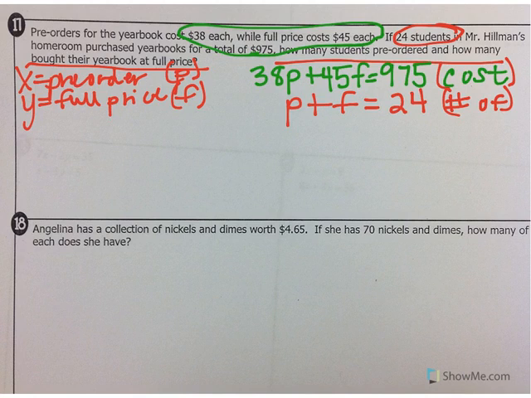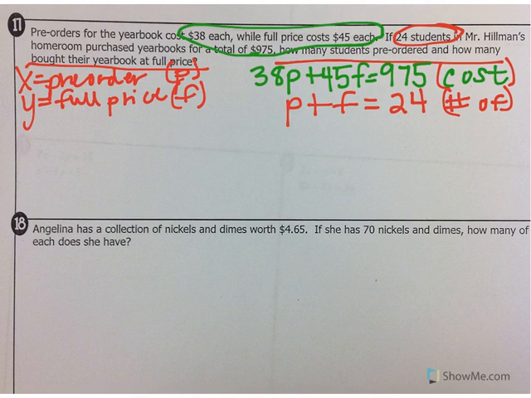And the best approach for this one, because you don't have any numbers for the second equation, I would use substitution. Because substitution is just about getting a variable by itself. And if I move P to the other side of 24, I can get F by itself and plug in F right here.